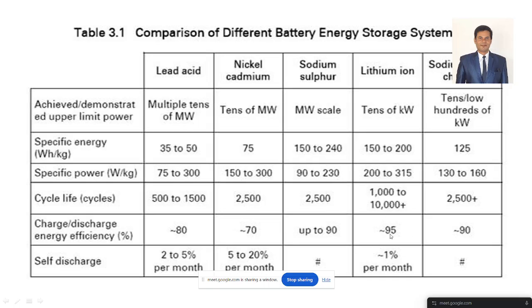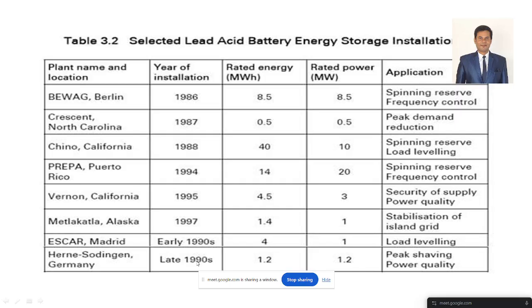That's why it is the highest in terms of charge and discharge energy efficiency, 95%, and self discharge is also very low, 1%. If you see 80% energy efficiency, the self discharge is going to be around 5%. All right, so these are the various things, right?